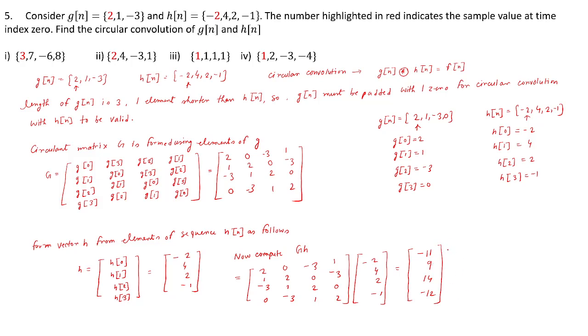Here, with the vector we obtain, the elements are actually in order. That is, if the circular convolution output sequence is denoted as fn, this result is in this format: f0, f1, f2, f3. So we obtain fn as this sequence: minus 11, 9, 14, minus 12.